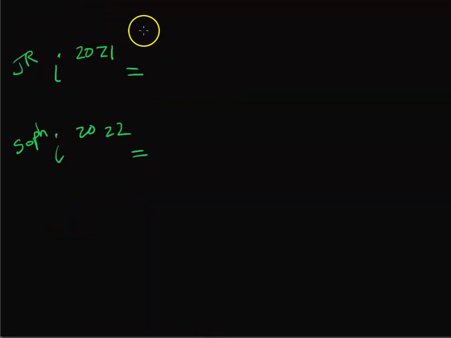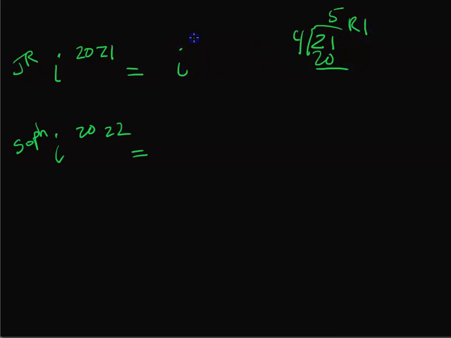Well, we've already done the seniors, i to the 2020 power. The juniors graduate in 2021, so i to the 2021 power. Remember, all you take is the last two digits, divide by 4, goes 5 times remainder 1.